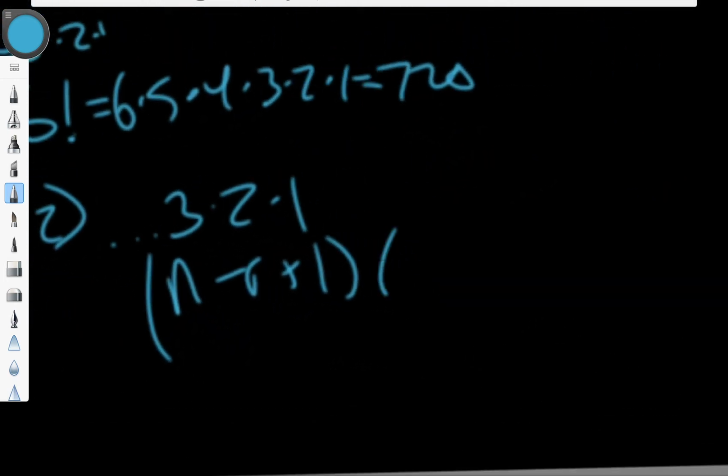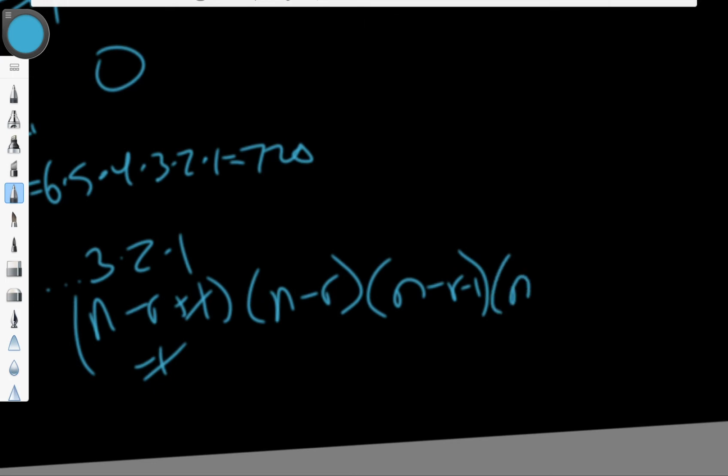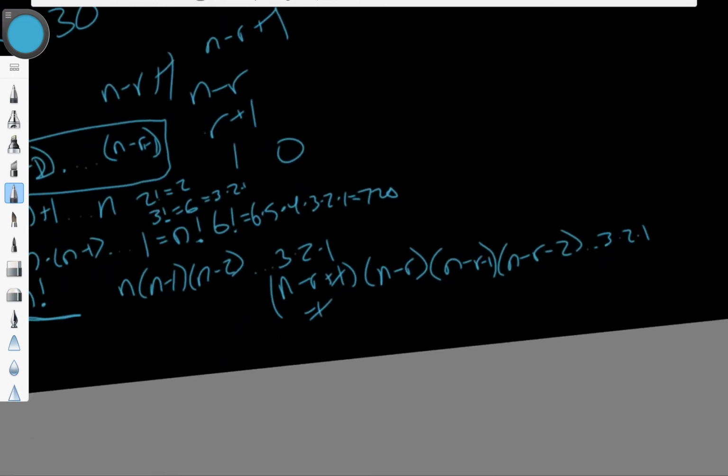We subtract 1 to get to the next one, so the 1's cancel. So n minus r, n minus r minus 1, n minus r minus 2, all the way up to 3 times 2 times 1. That's what we need to cancel out of this n factorial, so that we get from n to n minus r plus 1.